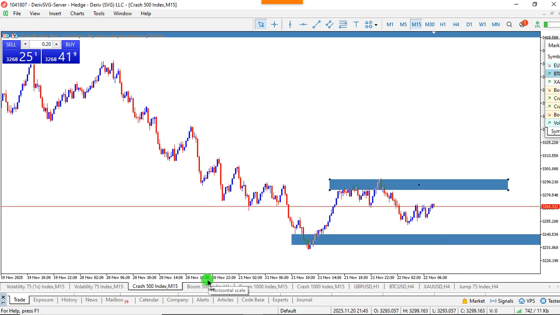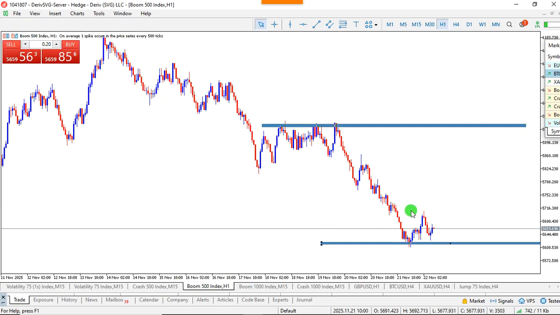Okay, that's it. Let's go to the next one, which is going to be the Boom 500. Now, Boom 500 is almost similar to what you just saw in Crash. These are our recent low and the most recent high. Then what we wait for on the swing trade is a break here and continuation to this zone. On the other side, a break here gives us a swing trade on the bearish side. But then what do we do within this zone?